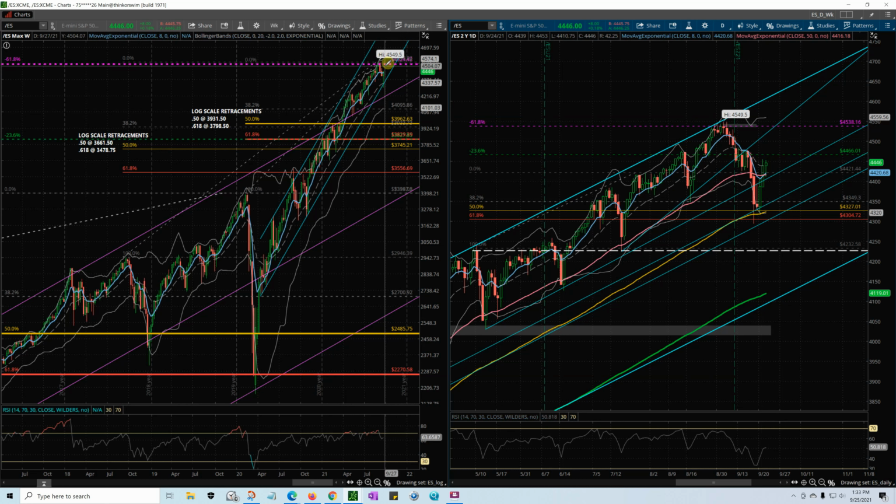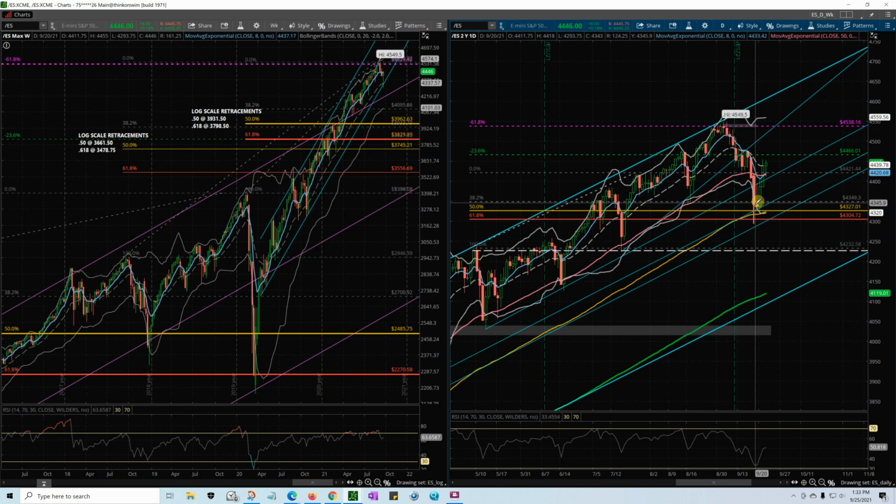So a fifth wave of a fifth wave of a fifth wave, this whole channel in blue, of a fifth wave. This whole purple channel is a big fifth wave. So this could be at least a fifth of a fifth of a fifth of a fifth. Up in extensions or not at all.